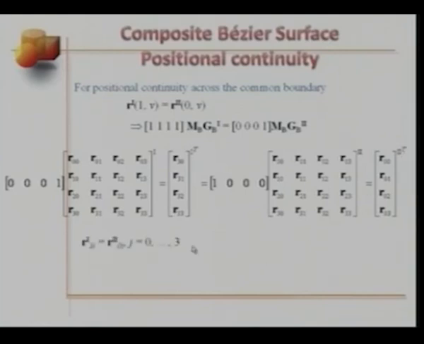We can summarize these results and say that R3J for the first patch equals R0J for the second patch, for values of J going from 0 to 3. Physically, that would mean that the boundary polygon must be common between the two patches.